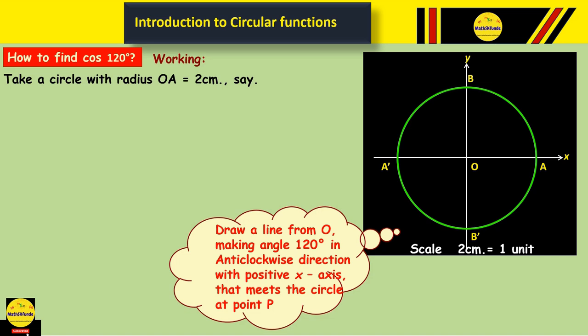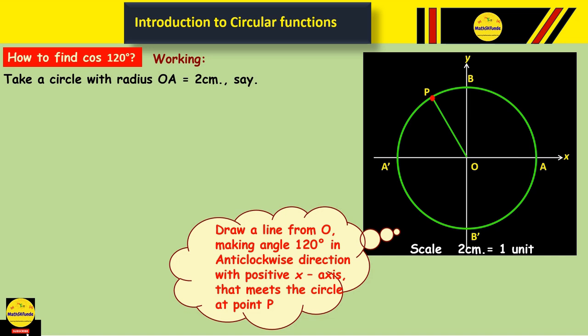I hope you remember all this, that the angle is to be measured with x-axis, positive x-axis to be precise, and the angle is to be in anti-clockwise direction, and the required angle is 120 degrees. So we will have to draw a line which makes angle 120 degree with positive x-axis, and I have shown the point where that line meets the circle as point P. So coordinates of point P will answer for cos 120 degree and sin 120 degree.